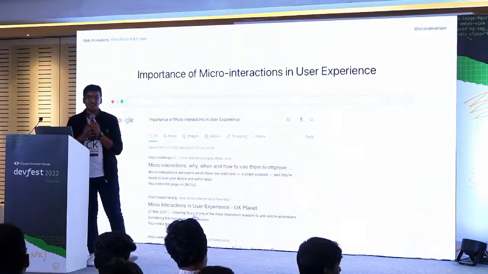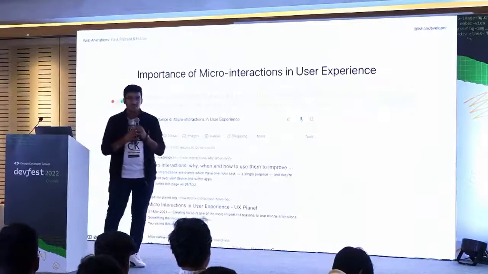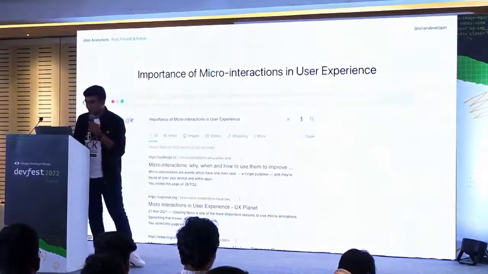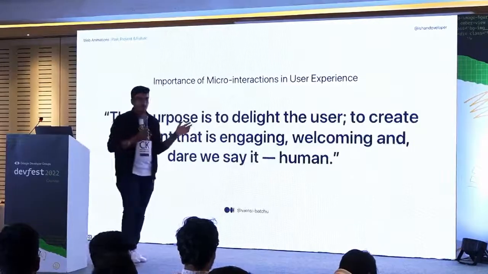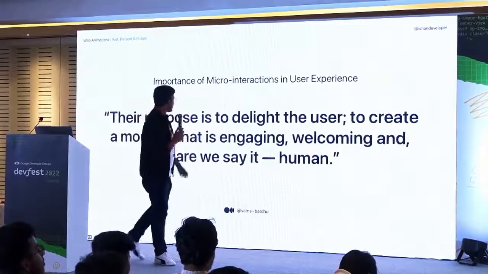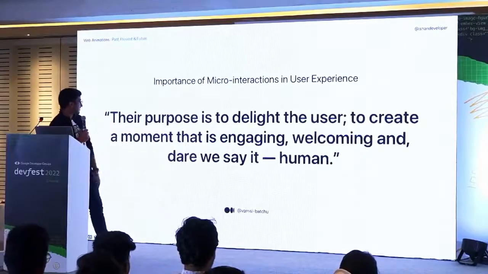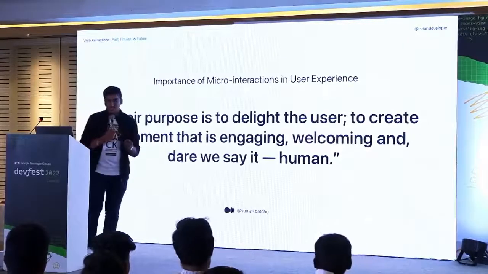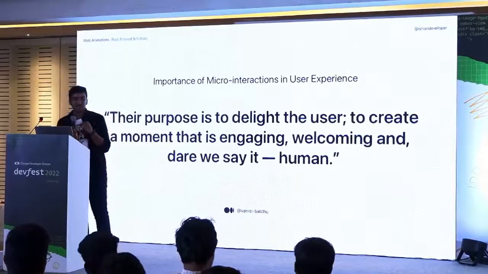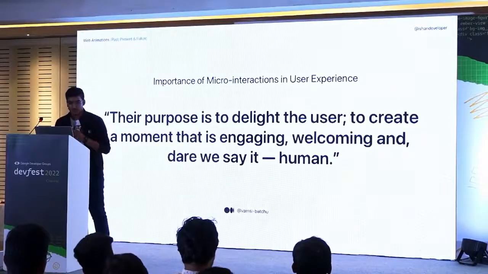Now, how do you define this single purpose? While searching for that, I came across a blog post by Vamsi, where he puts it this way: their purpose is to delight the user, to create a moment that is engaging enough, welcoming, and the most important part, human.